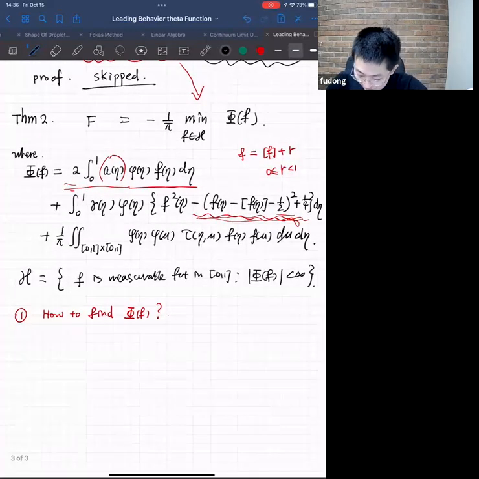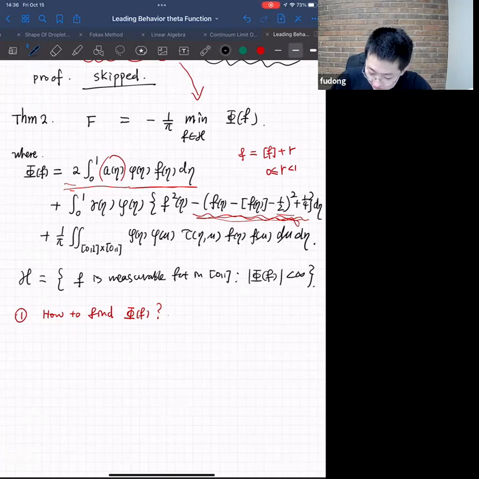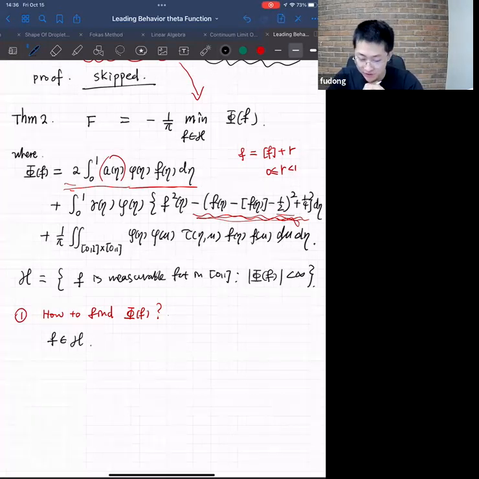So we pick f from this space, right? And it's a measurable function over a compact set. We can find a pointwise approximation by rational valued simple functions, right?